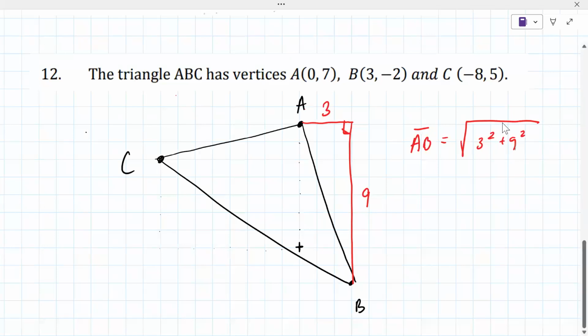Can you tell me what this is, please? Don't rush. 90. Yep, square root of 90.